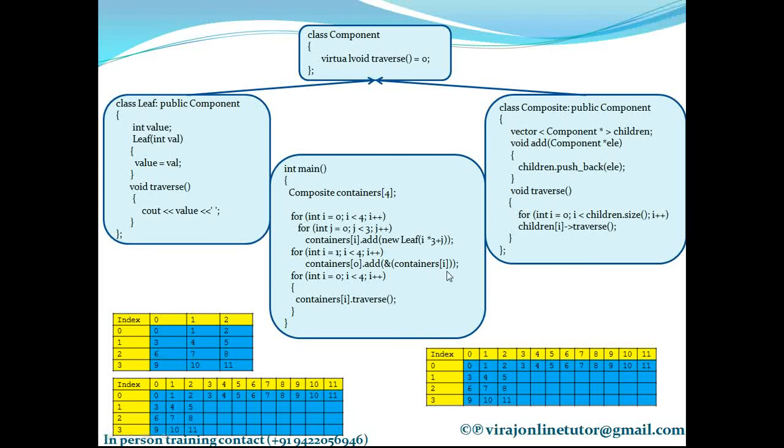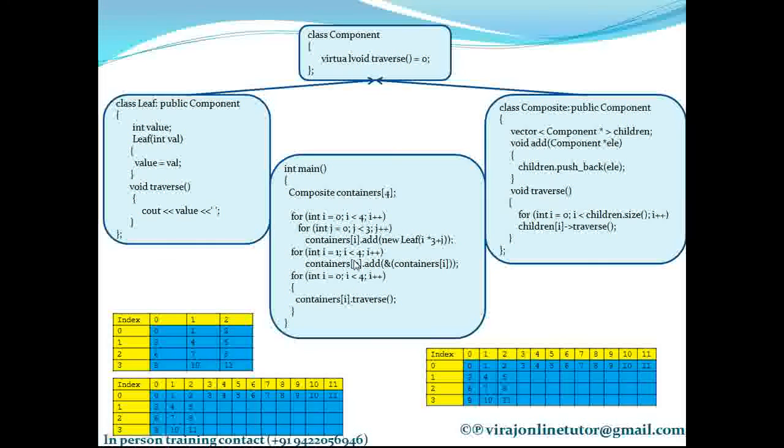So containers of 1. So what is container of 1? This. Container of 1 is this. So I am saving the address of this entire composite object. I am adding the entire composite object to container 0. So after 0, 1, 2, I add the entire container 1 object. So 3, 4, 5.